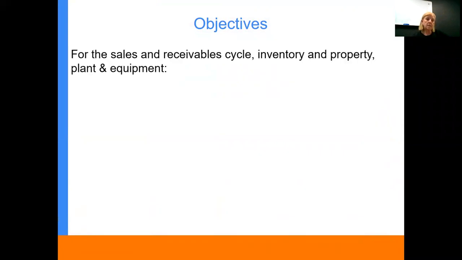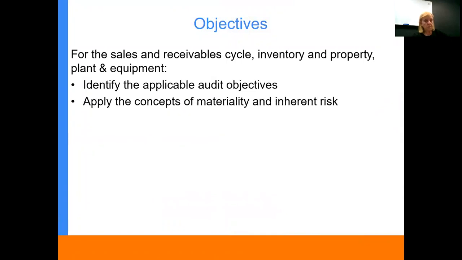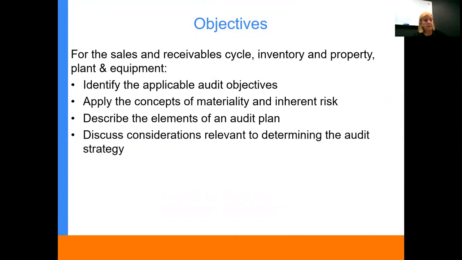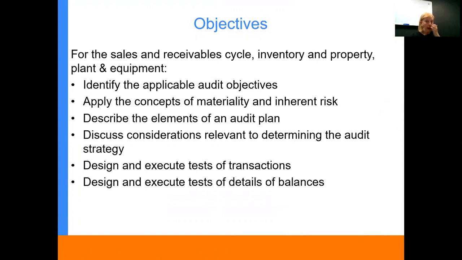So the objectives, and this is only in relation to sales and receivables, is to be able to identify the applicable audit objectives, apply the concepts of materiality and inherent risk, describe the elements of an audit plan, discuss considerations relevant to determining the audit strategy, design and execute tests of transactions, design and execute tests of details of balances. So that's virtually looking at the audit of the sales and collection cycle.